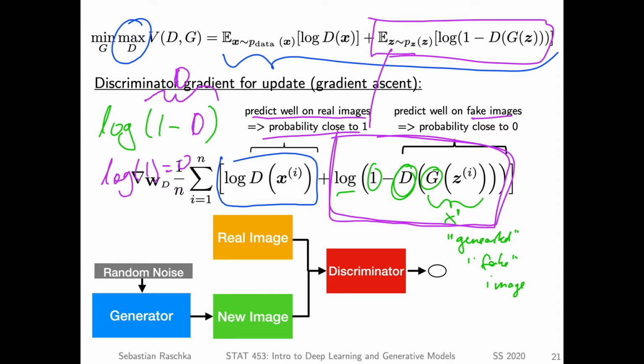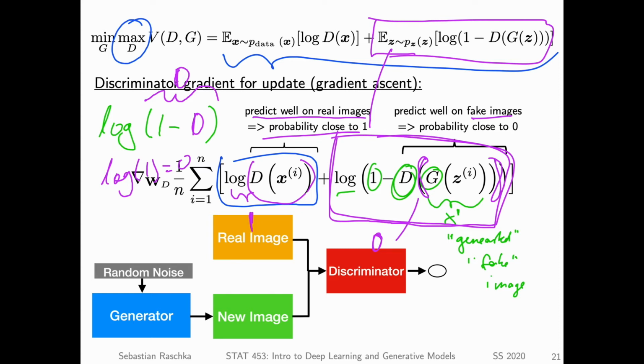So by having a 1 here, or having the discriminator outputting, I should say if we have a 1 here for the log, and we have an output of 0 here for the discriminator predicting on the fake images. 1 here, the discriminator outputs a 1, and the generator outputs a 0.